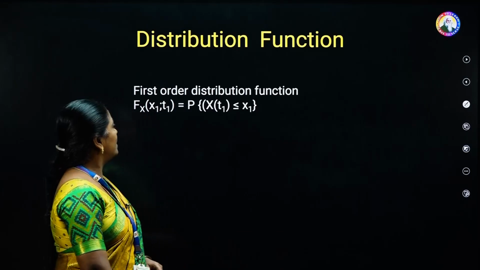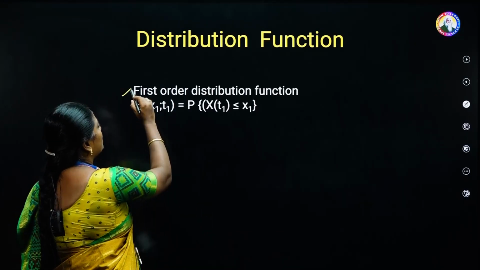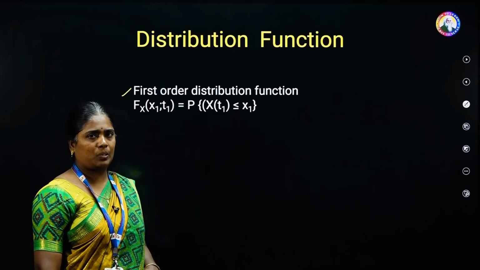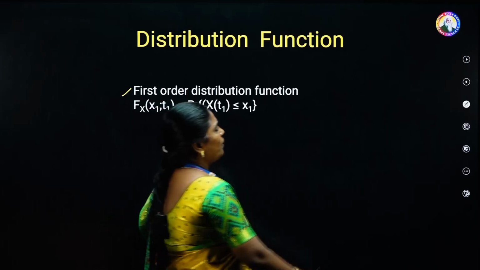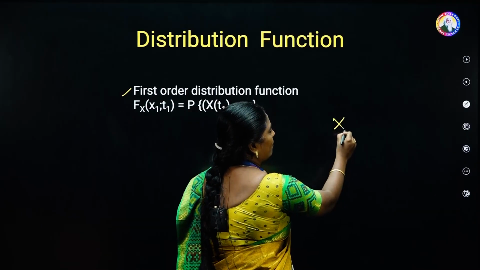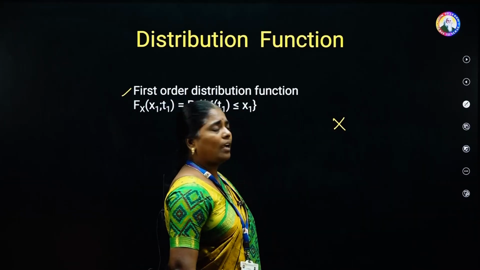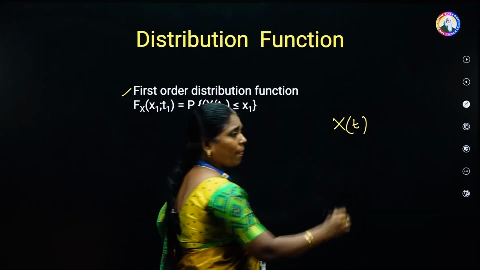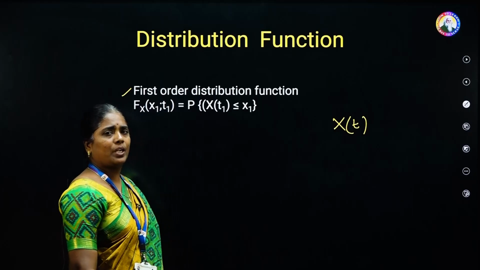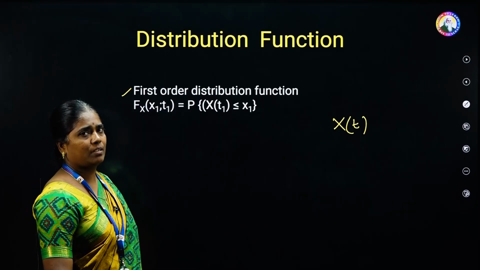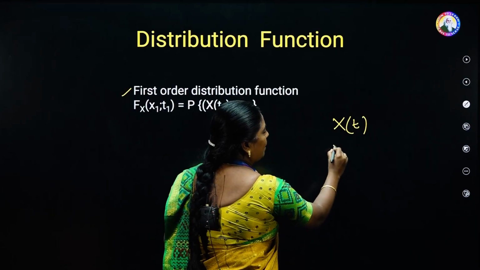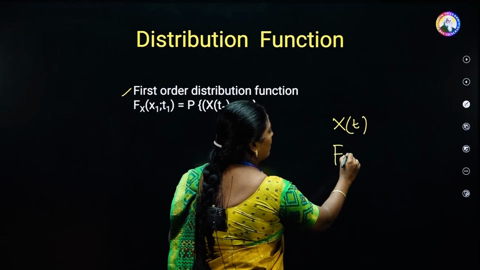The first one is the first order distribution function. Here we take only one random process. Generally, the random variable is indicated as x and the corresponding random process is indicated as x of t. By including time t, we get the random process. And the distribution function is indicated with capital Fx of x.